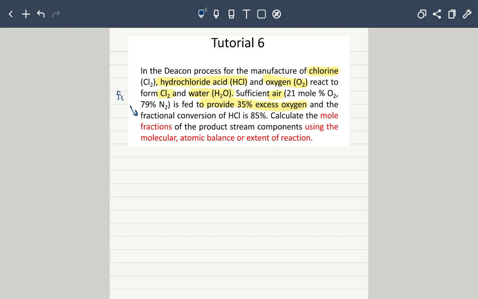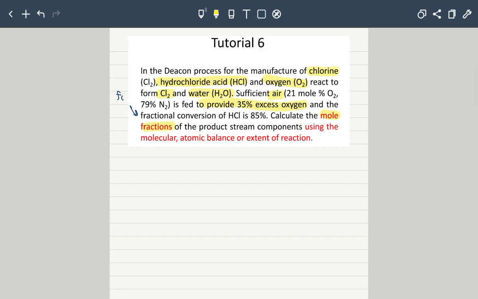And then calculate the mole fraction, where X plus Y plus Z must equal 1. X, Y, Z are the product itself, because it says the product stream components, meaning the substances we get from the reaction.